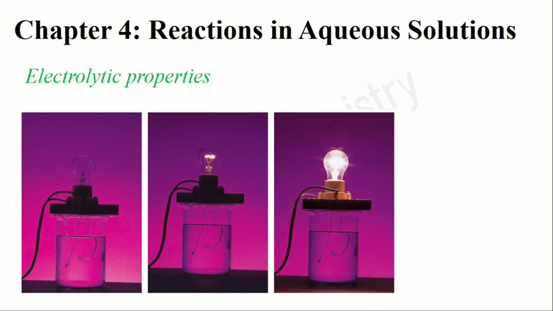Pure water, here in figure number 1, is a very poor conductor of electricity. However, if we add a small amount of sodium chloride, the bulb will glow as soon as the salt dissolves in the water, as you can see here in figure number 2 and finally in figure number 3.